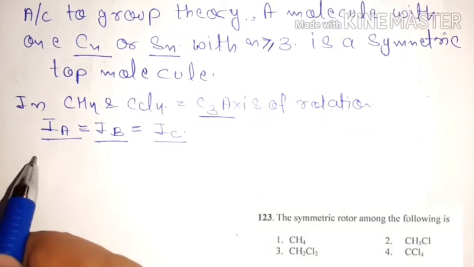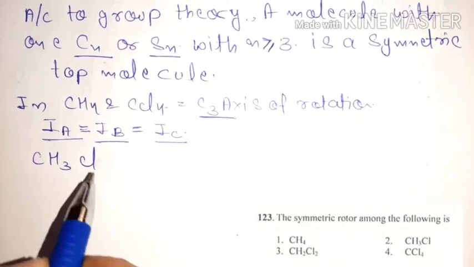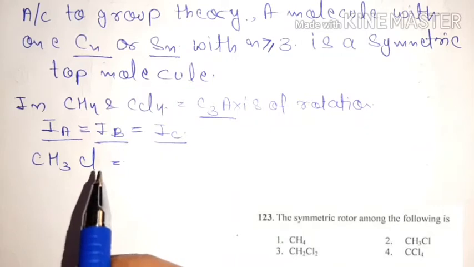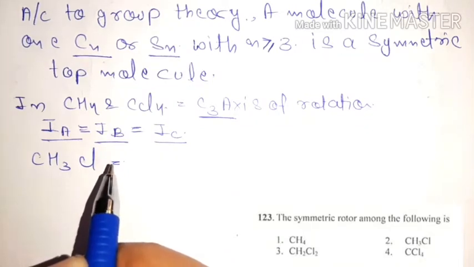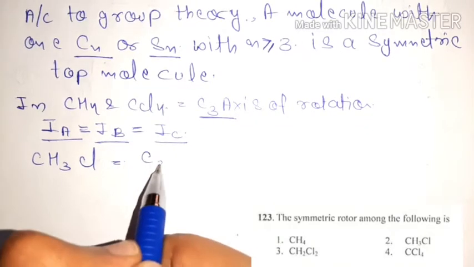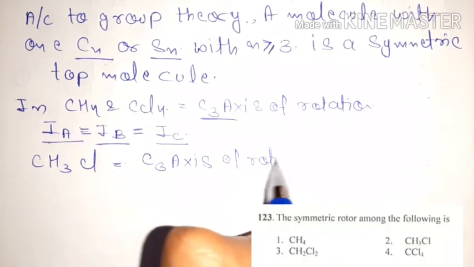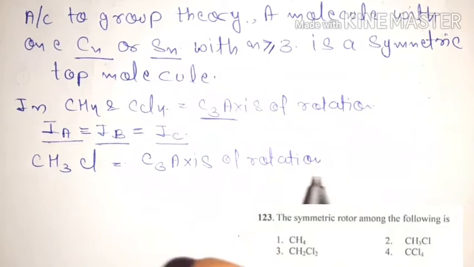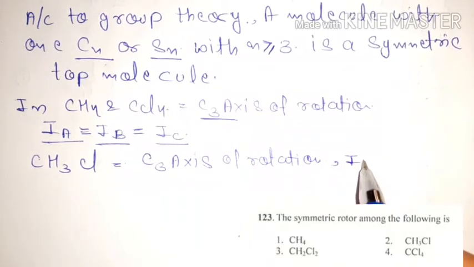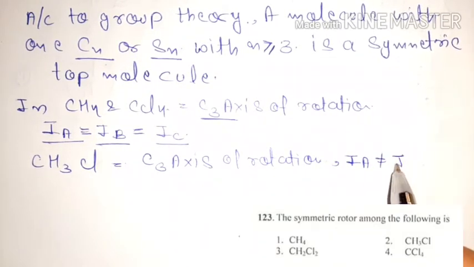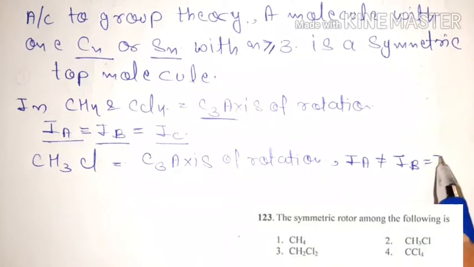But in CH3Cl, it has a C3 axis of rotation, as well as it obeys the condition according to moment of inertia, that is, in this molecule IA is not equal to IB, but IB is equal to IC.